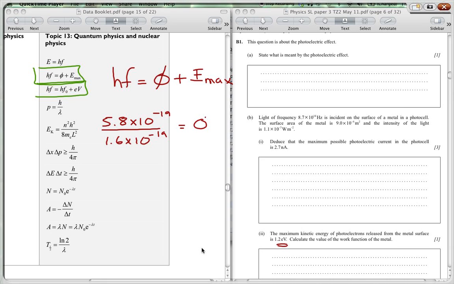That is equal to phi, which is your work function that we want to find out, plus your E max, which is 1.2 eV.